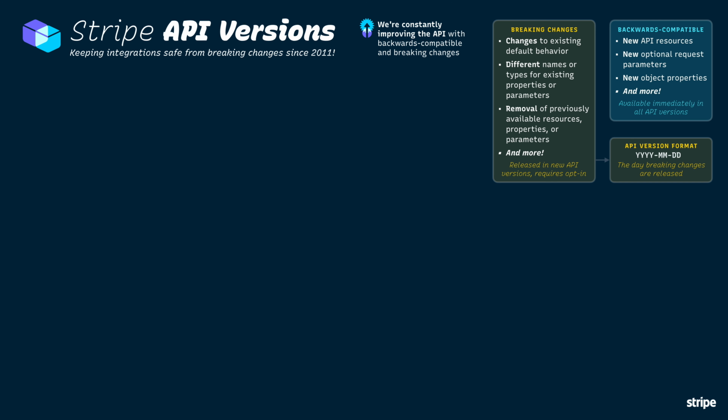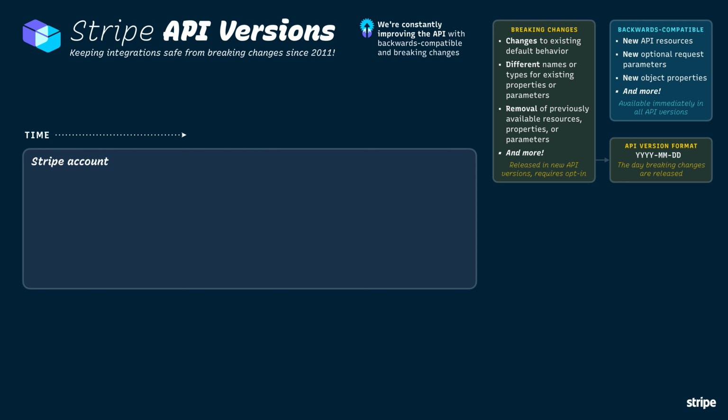To explain how API versions protect your integration, let's look at an example Stripe account and a timeline. We'll start in January of 2021, when our example account is created. Stripe accounts have a default API version, which is set to the most recent API version when the account makes its first API request, which is usually the same day the account is created.